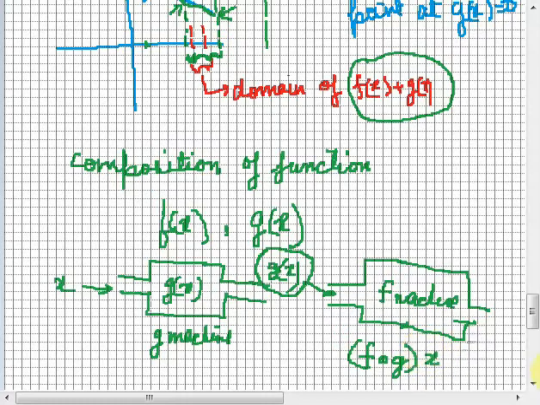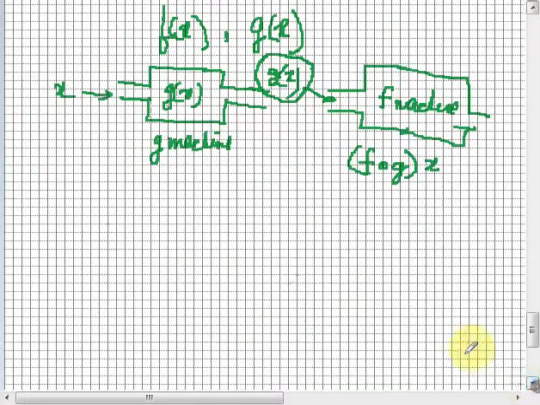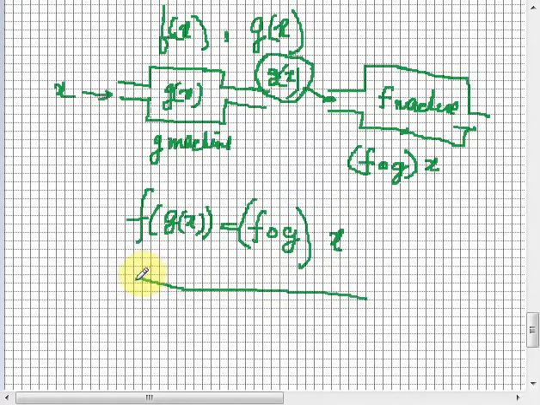We represent it like this: f of g of x. The whole system is now defined like this.